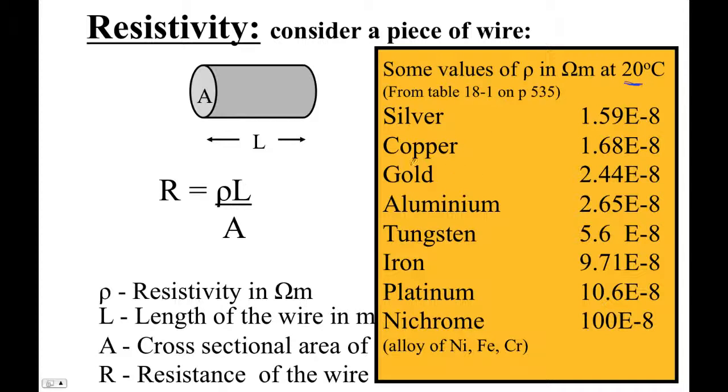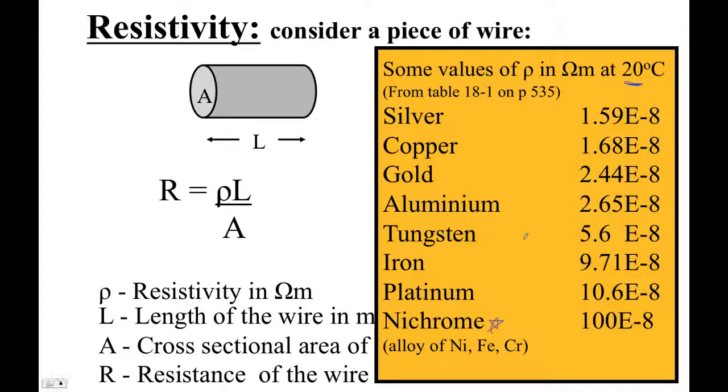They plate conductors with gold in computers, not because of the conductivity, but because gold doesn't corrode, so the connection always stays really good. Aluminium is fairly good. Tungsten, not so good, although they make light bulb filaments out of tungsten. Notice nichrome wire is off the charts, 10 times, 100 times more than some other things.